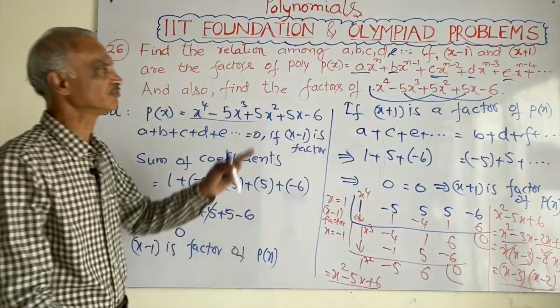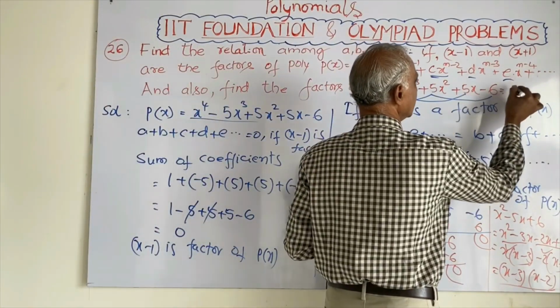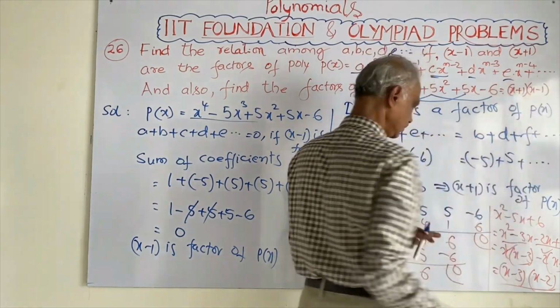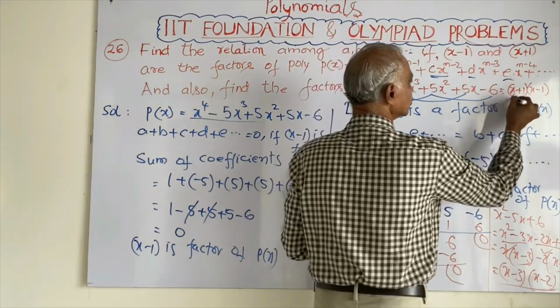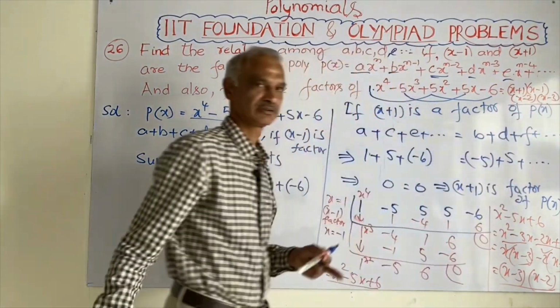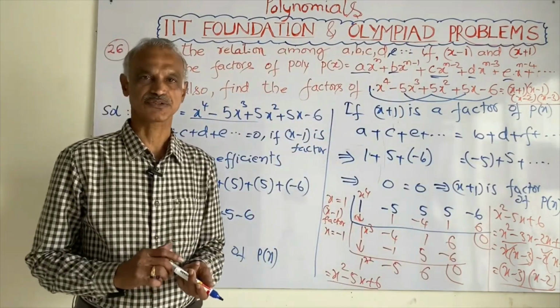What are the factors of this polynomial? x plus 1, x minus 1, x minus 2 and x minus 3 are the factors of this polynomial. I think you have understood this problem.